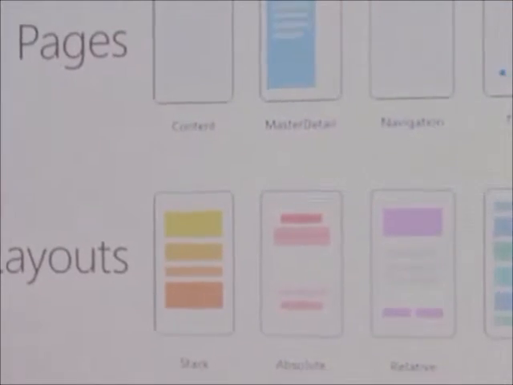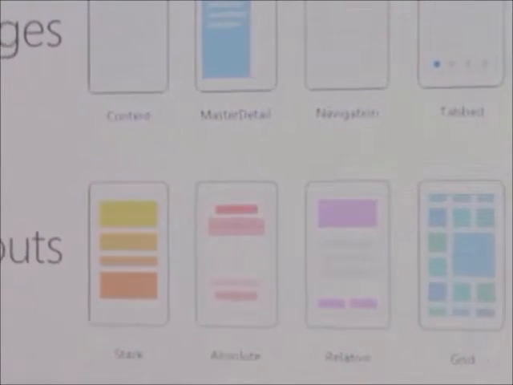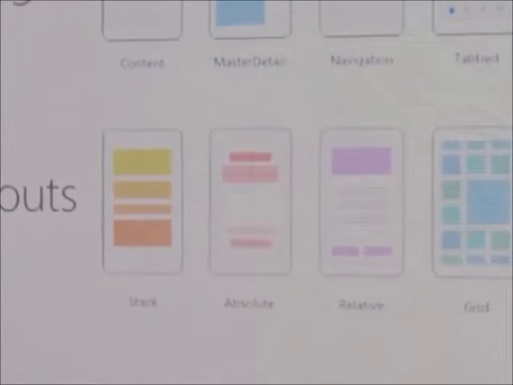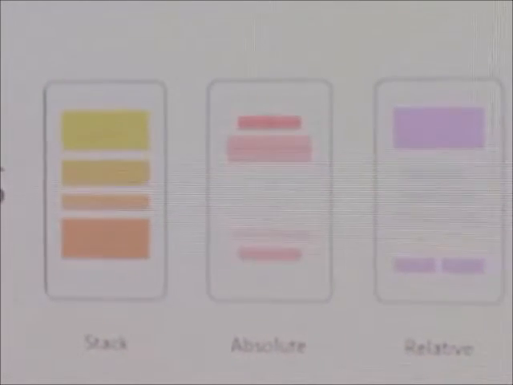And then to lay everything out, you have stack layout, absolute layout, relative, grid, content view, scroll view, and frame. So this is essentially where you're going to throw all your controls, in these layouts. You could stack them up horizontally or vertically, set them up in absolute layout, or set them up in a grid.